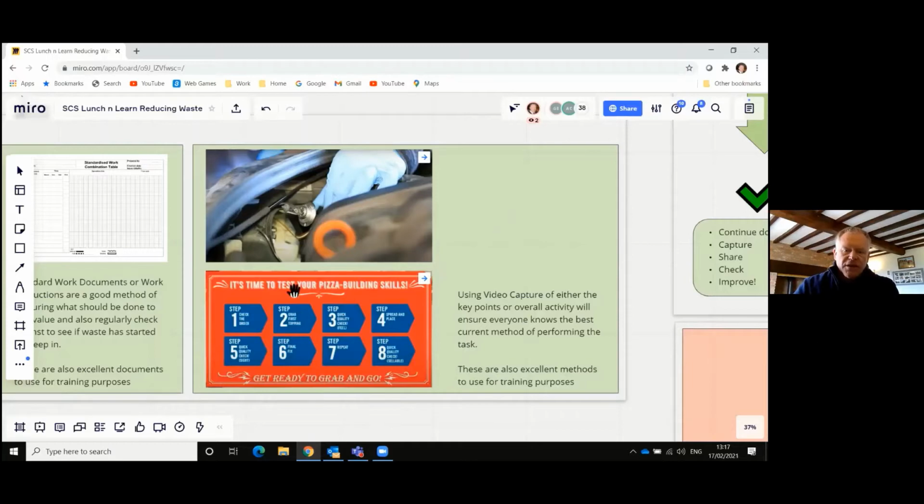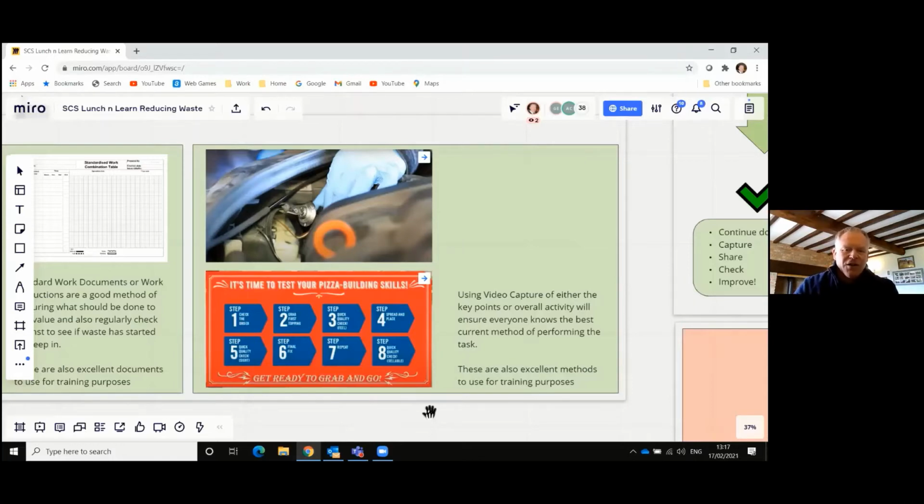The second video down there is showing 8 steps to a perfect pizza. Now, I'm using these examples that are not construction based because we can draw into construction examples from other sectors and other marketplaces and learn from them about how do we build something simple into building a good standard that's understood by all.